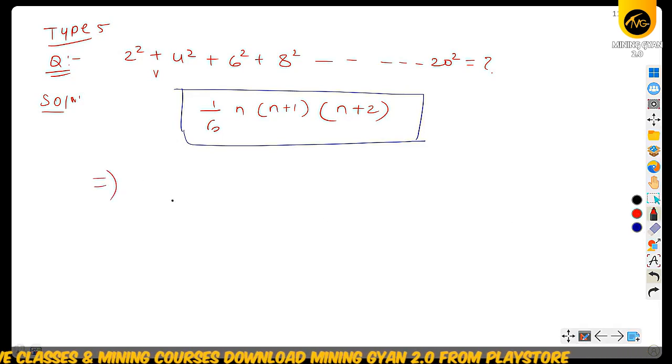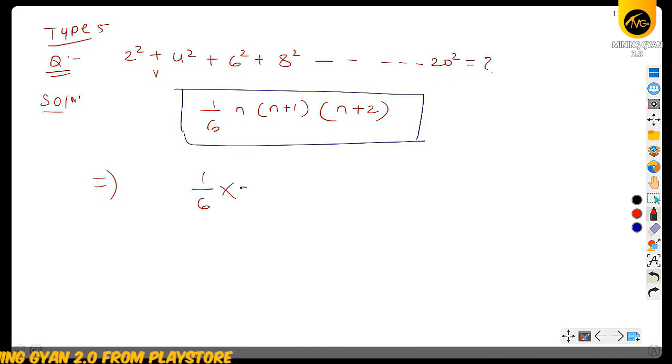Now just put down the value of n. What is n? n is 20. Now 1 divided by 6 into 20, 20 plus 1, that is 21, and 20 plus 2, that is 22.